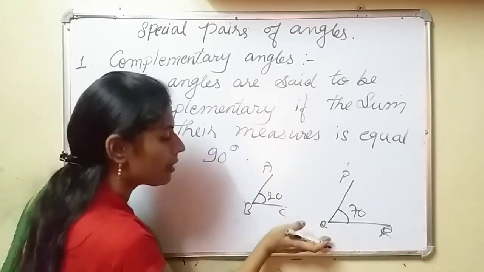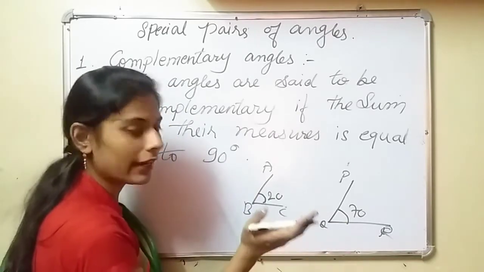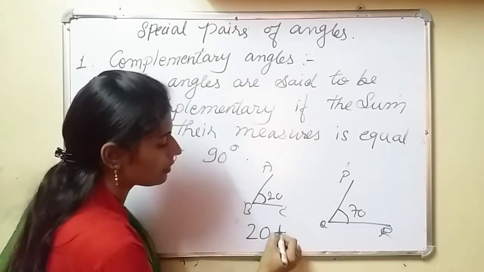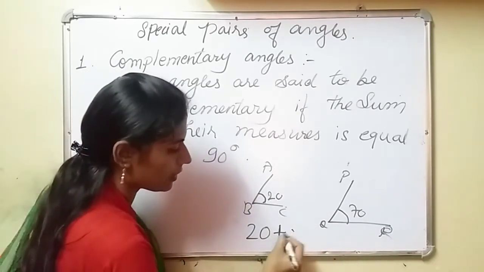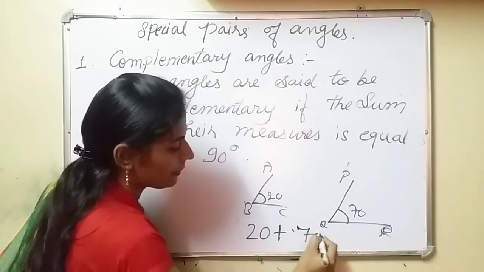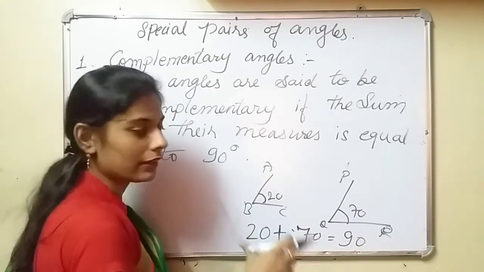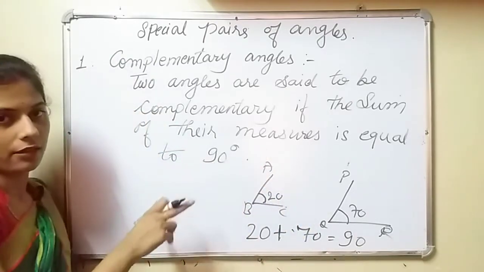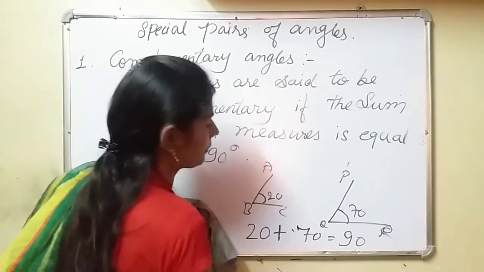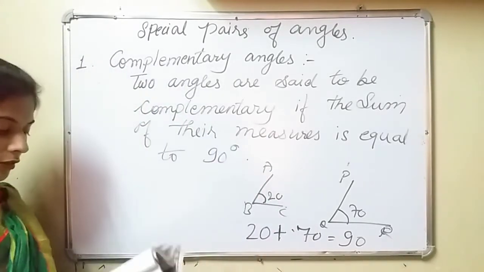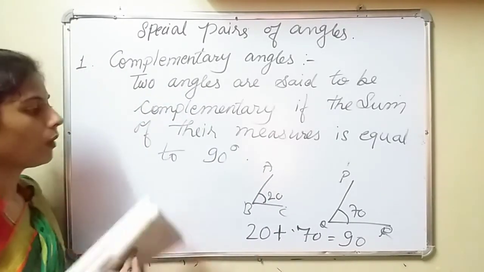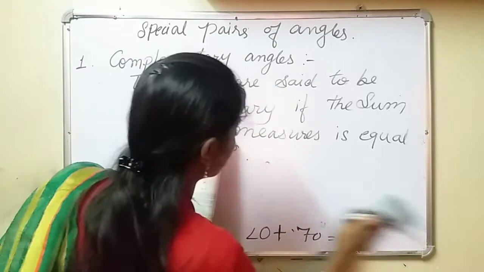If the sum of these two angles is 90 degrees, so when you add these two angles, that is 20 plus 70, it will become your 90. If the sum of these two angles is 90 degrees, they are your complementary angles. Okay, so write this example also. Or one more example we can take.